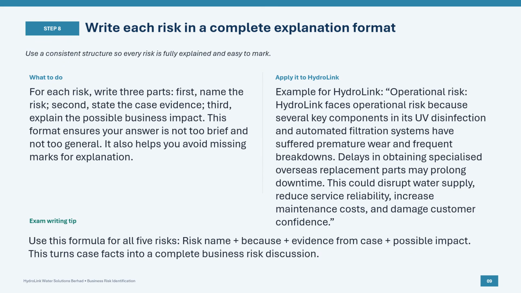Use this format for all your 5 risks. So this is one example, showing to you. Remember, you must have risk name, because, evidence, and possible impact all together. So this is the perfect answer.